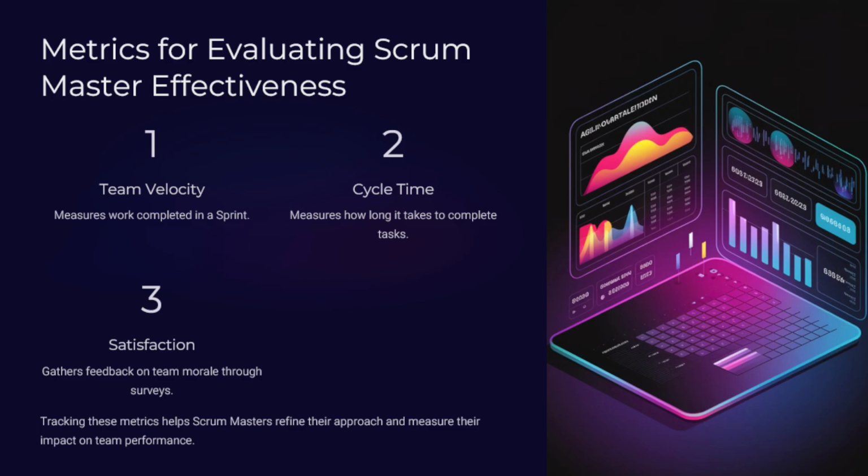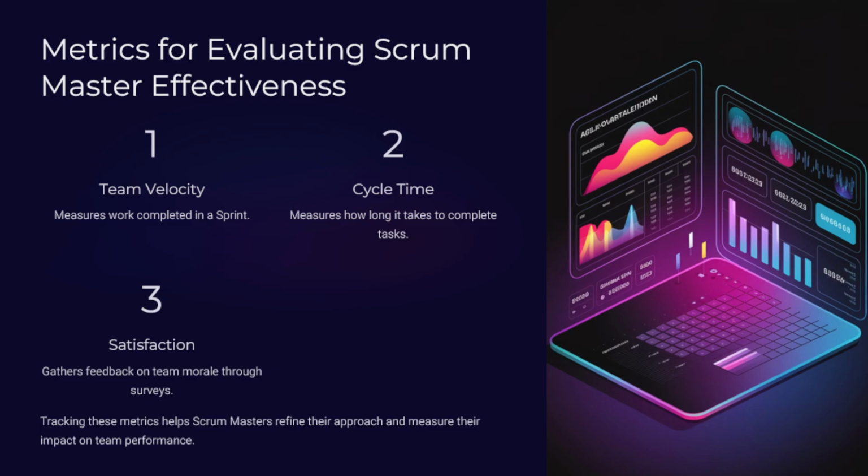What are the metrics to evaluate the Scrum Master's effectiveness? So a Scrum Master can measure their team's impact using the team velocity, which measures the work completed in the sprint. And this can be like the number of story points that were completed. We are going to discuss what story points are and how to allocate them more in depth in the next sessions.